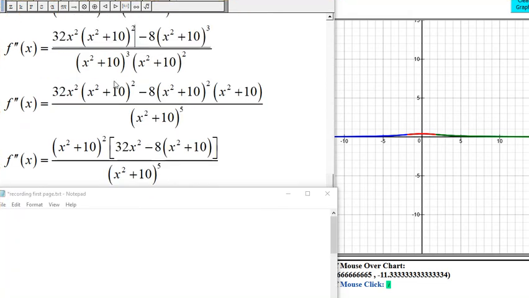And now if we look at this part and compare with this part, the common factor is (x squared plus 10) to the second. So let's move it out in front, and then what's left is 32x squared, and then minus 8 times (x squared plus 10). So (x squared plus 10) to the second is the common factor, and so we move it to the front.